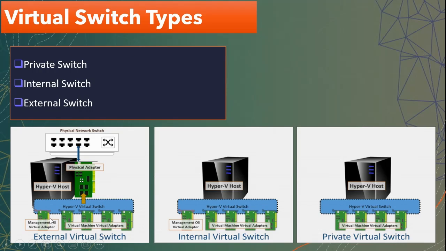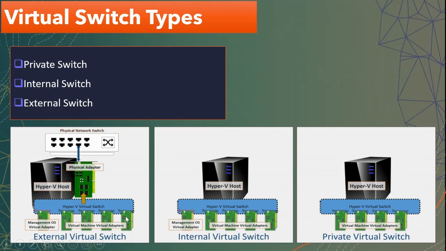And whenever we create virtual machines, we have the virtual adapters connected to those machines. And when we create an external switch or any virtual switch, we need to connect our virtual machines to that virtual switch for them to be able to communicate in that network. So in this scenario, we have all these virtual machine adapters connected to our external switch, and we have our management OS virtual adapter on this.